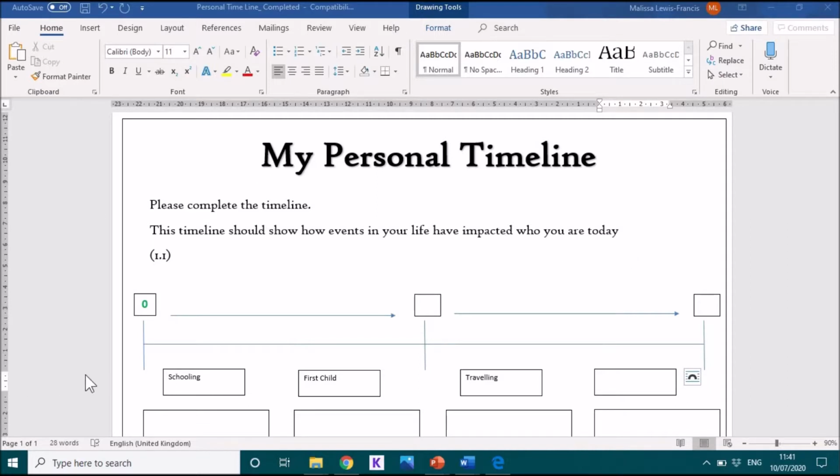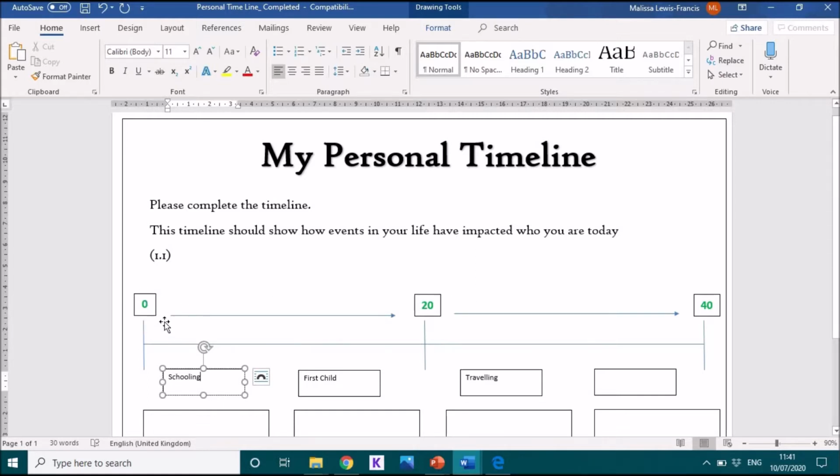So, this is when I was born. Yeah. This box here highlights the middle of my life so far. And this box here states approximately my age today. Okay.